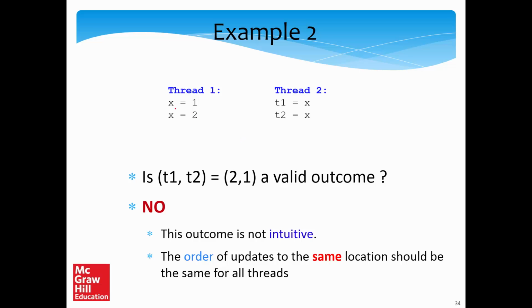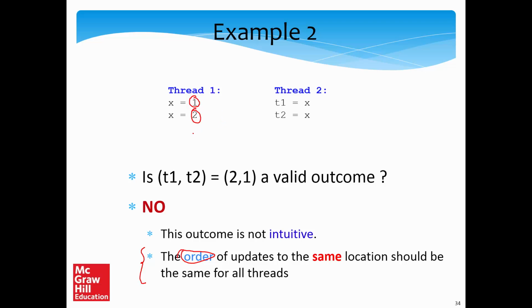Moreover, what we see in this example is that in the same thread there is, of course, an ordering between the updates to x. If thread 1 is seeing this ordering, that I first write 1 and then I write 2, all the threads should see the same ordering. No thread should see an ordering that is not consistent with thread 1's order. So the way we have captured this is with one more axiom called the order axiom, which says that the order of updates to the same location, in this case x, should be the same for all the threads.